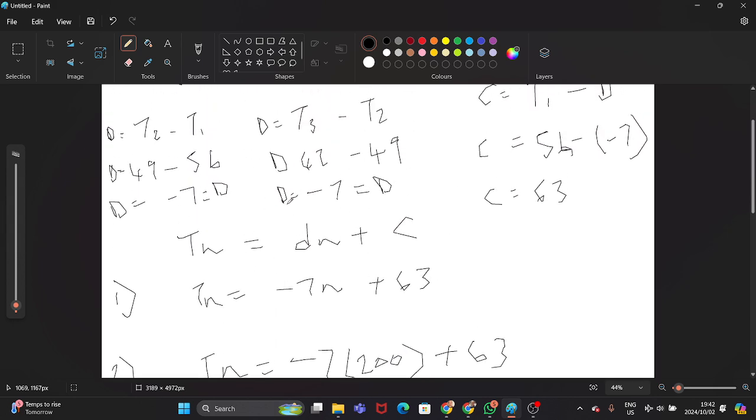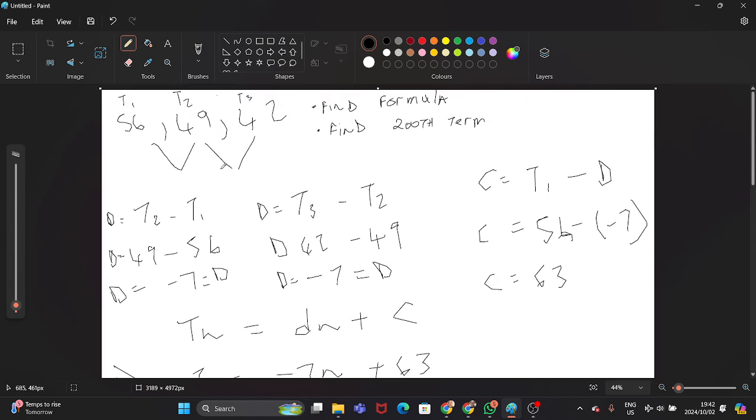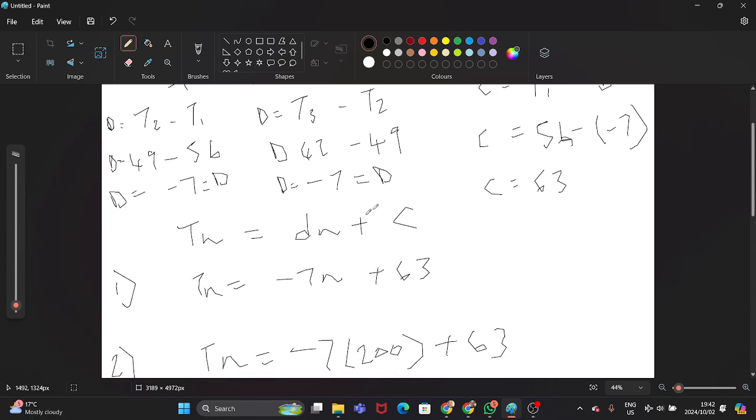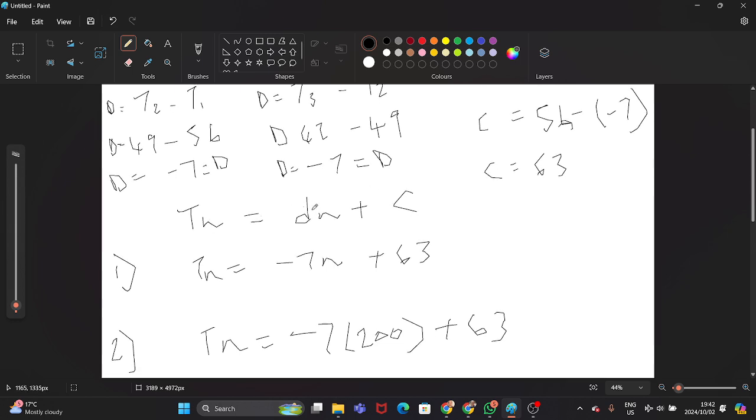Okay. So just to recap, we can check if there is a constant difference, and we minus term 1 from term 2, term 2 from term 3, and we can see that there's a constant difference of -7, right? So if we have a constant difference, the equation will tell us that this is an arithmetic number pattern, so it's Tn is equal to Dn plus C. So all we need to do to find the formula is to find our D term and our C term.